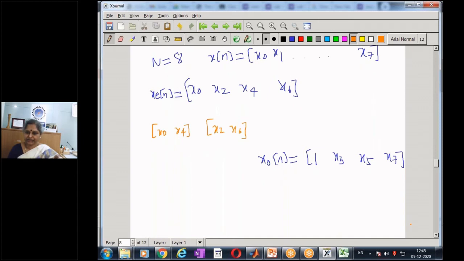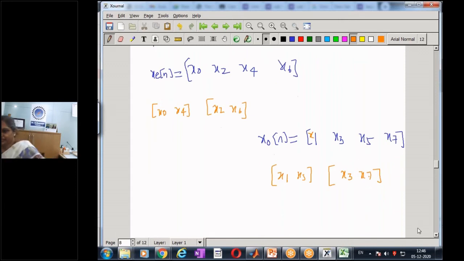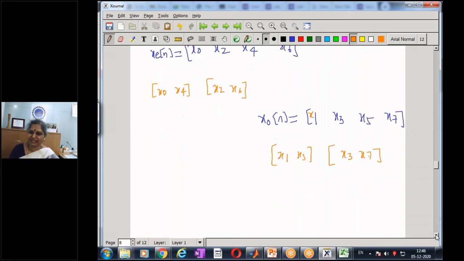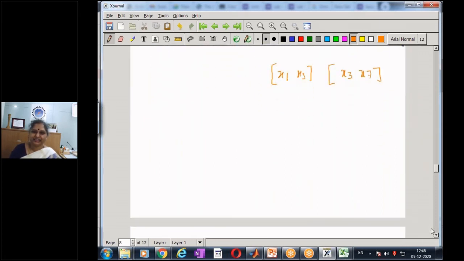Similarly, I need to take the even and odd terms of this sequence, and so I can split it as x1, x5 as one set, and the other set is x3 and x7. So what does it reduce to now? If I draw it in a simpler manner, I need to compute.